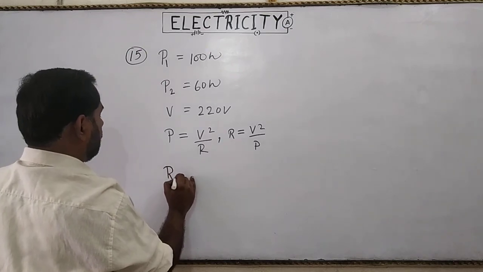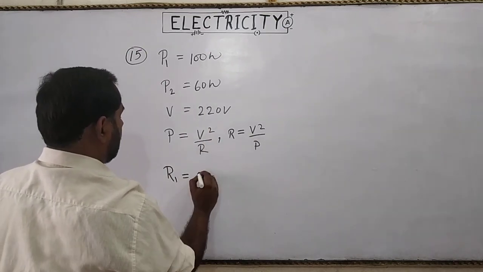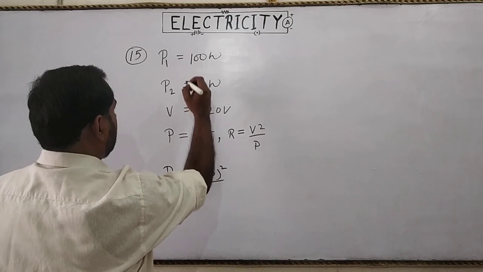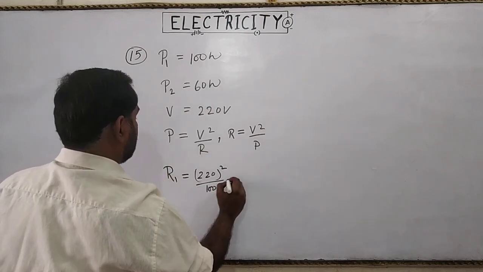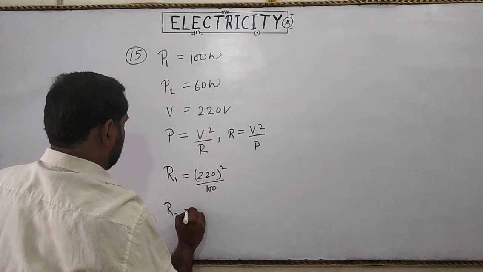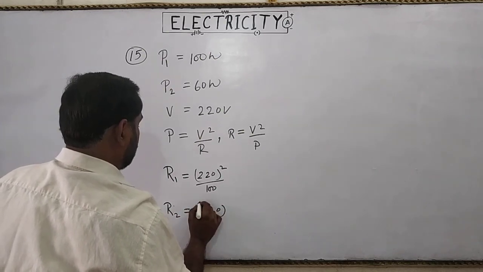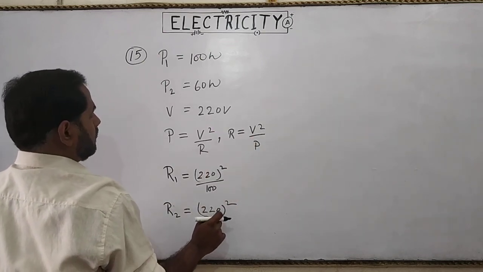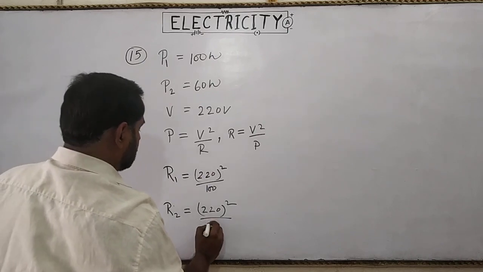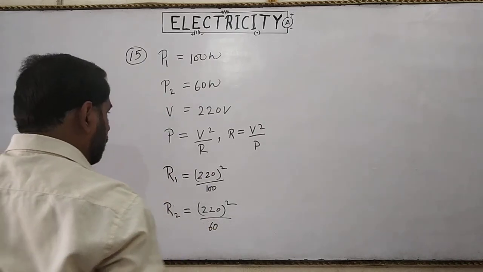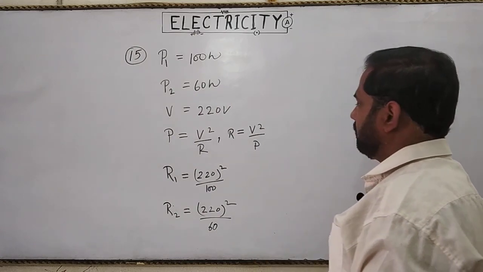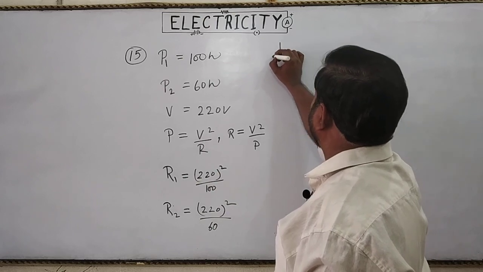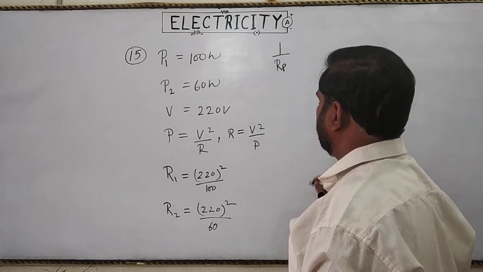So the resistance for the first lamp will be 220 square upon 100, since the potential is the same for both lamps, and the resistance for the other lamp will be 220 square upon 60. Now we are given that both lamps are connected in parallel combination, so we will find the resultant resistance.